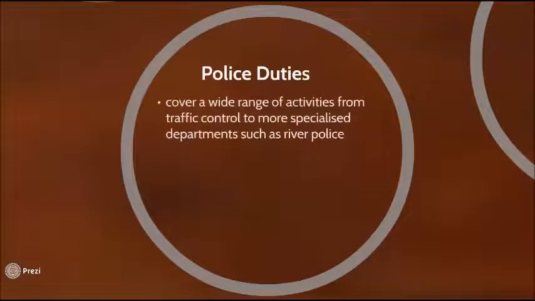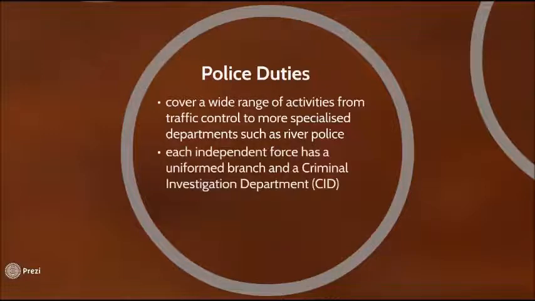Police duties cover a wide range of activities, from traffic control to more specialized departments such as river police. Each independent force has a uniformed branch and a criminal investigation department, or CID, with detectives in plain clothes.